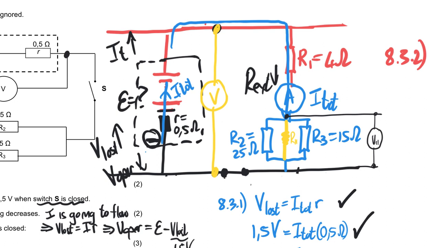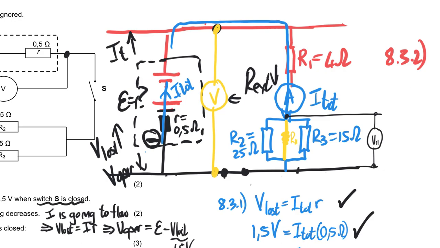But wait a minute, the EMF is not what's being read on this voltmeter when there's a current flowing. The voltmeter will be reading the operational voltage. And the bigger the current, the bigger V lost, I total times internal resistance. But the EMF is not dependent on that. The EMF is dependent on the chemical potential energy in the battery. The EMF is dependent upon the nature of the chemicals in the chemical system of the battery.